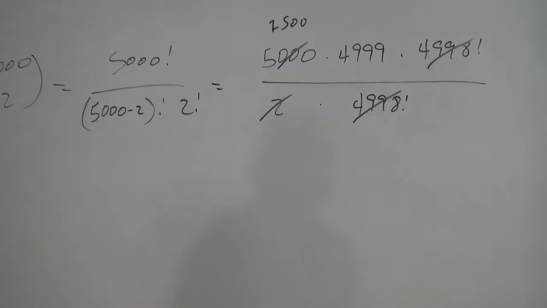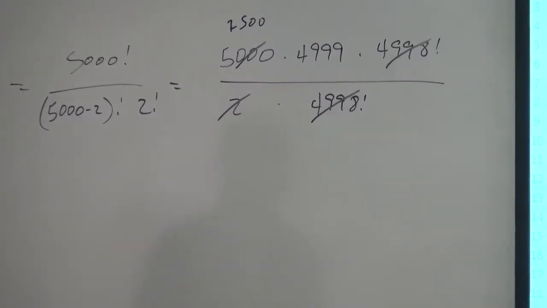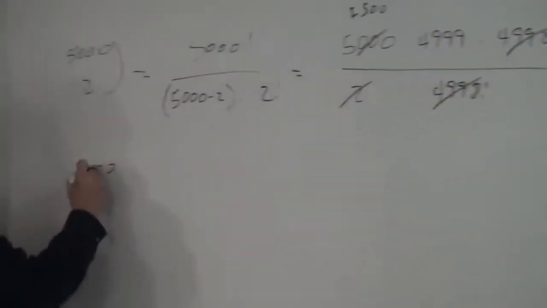If it was 5,000 over 3, would it be 5,000 minus 3 factorial? So 5,000 taking 3 objects at a time? Yes.